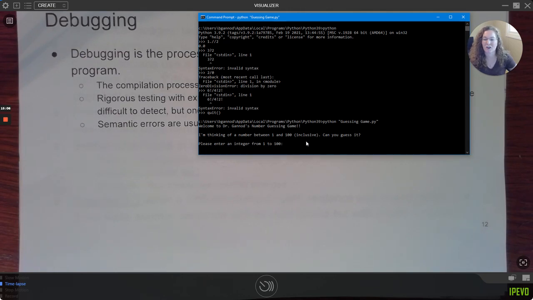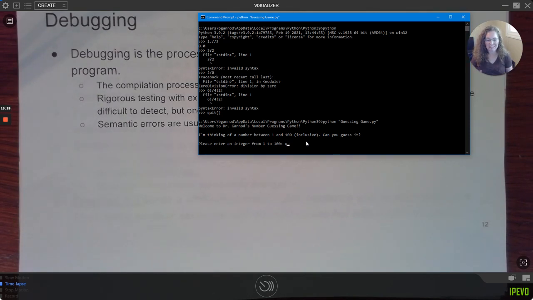Something that you might not think about is, I told the person to put in a number between 1 and 100 inclusive, so clearly they're going to obey what I asked them to do. They would never think of putting in the letter Q instead, or would they?